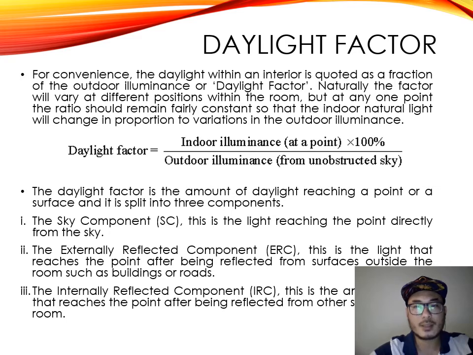This is the light that reaches the point after being reflected from surfaces outside of the room, such as buildings or road. Number 3, the internally reflected component, or IRC. This is the amount of light that reaches the point after being reflected from surfaces in the room.